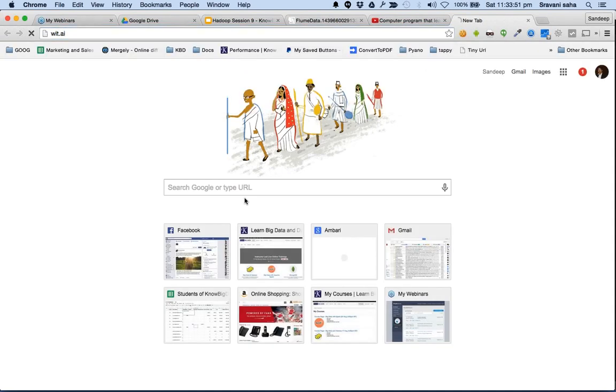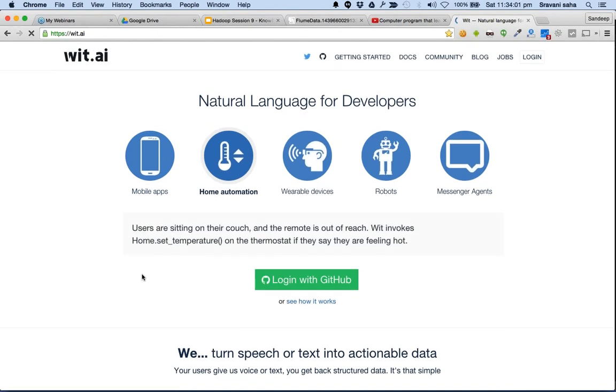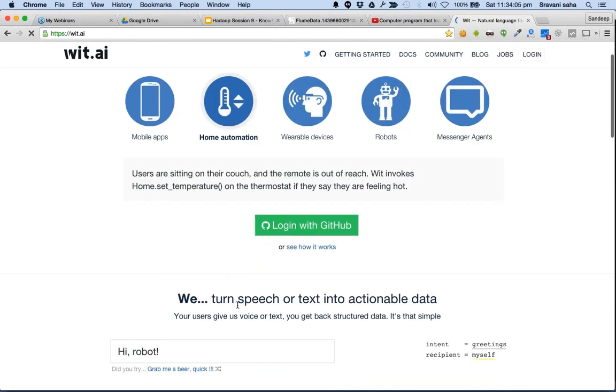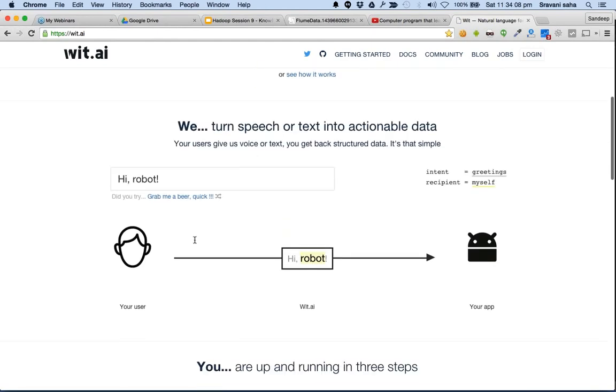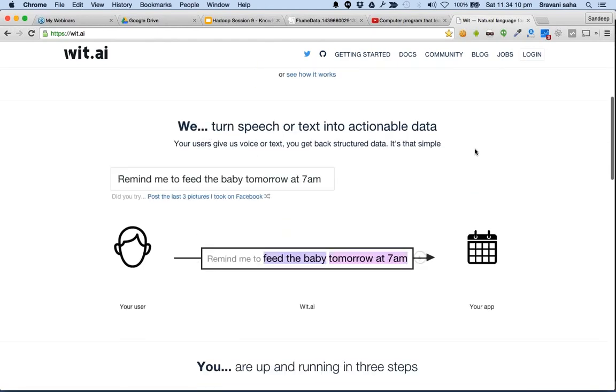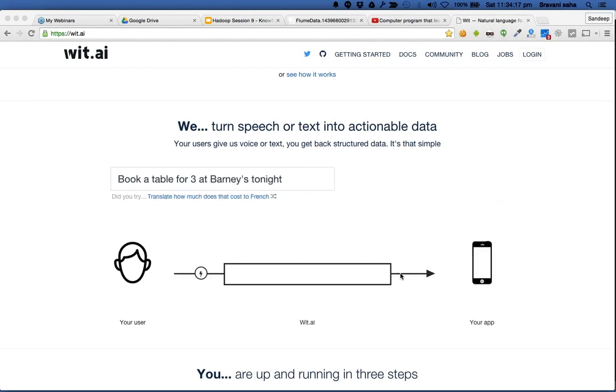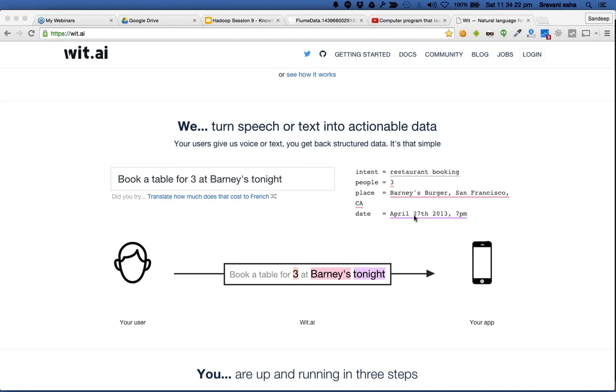So for example, I'll show you wit.ai. You can see that there are these artificial intelligence libraries which can convert normal text into some sort of sensible information, like this: remind me to feed the baby tomorrow at 7 a.m. It automatically converts it into this kind of information.